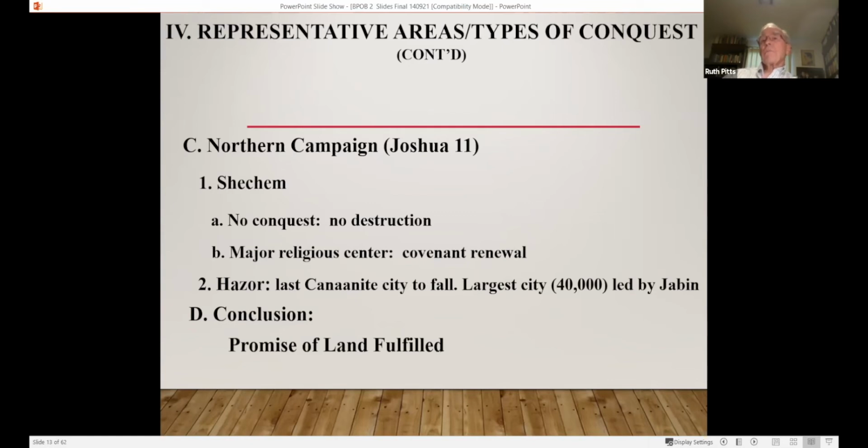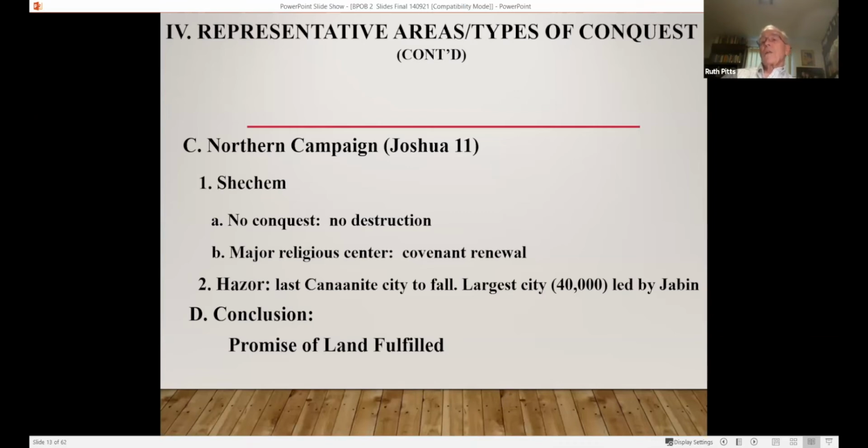And so you have the central and then a thrust to the south and then one to the north. There at Shechem, there's no conquest, there's no destruction in this city, and yet these people immediately moved in there with their tabernacle, and they brought the ark there. So all their religious center is going to be right here at Shechem. How do you explain that?